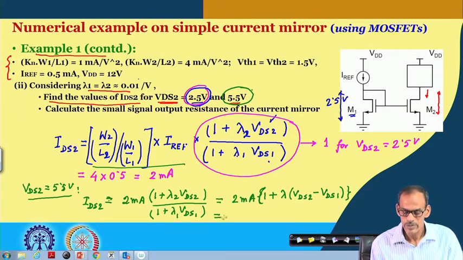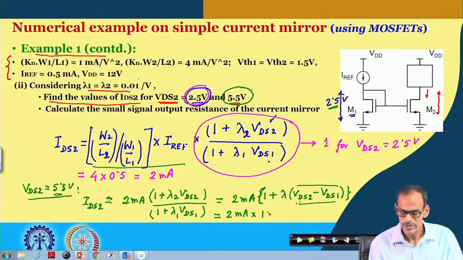So, what we are getting here is 2 milliampere multiplied by, so VDS 2 minus VDS 1. So, VDS 2 is 5.5 and VDS 1 is 2.5. So, this part becomes 3 and lambda is 0.01.